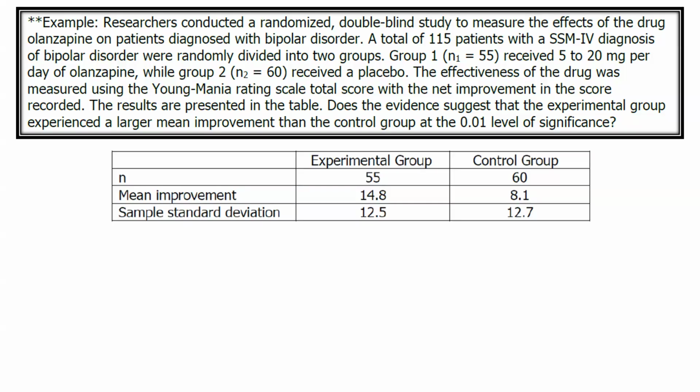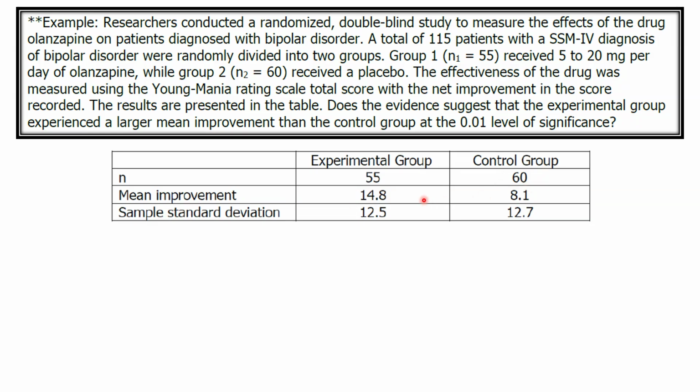Does the evidence suggest that the experimental group experienced a larger mean improvement than the control group at the 0.01 level of significance? So we have our table here. We have our experimental group stats and our control group stats. Note that 55 is going to be n1, 60 is going to be n2.